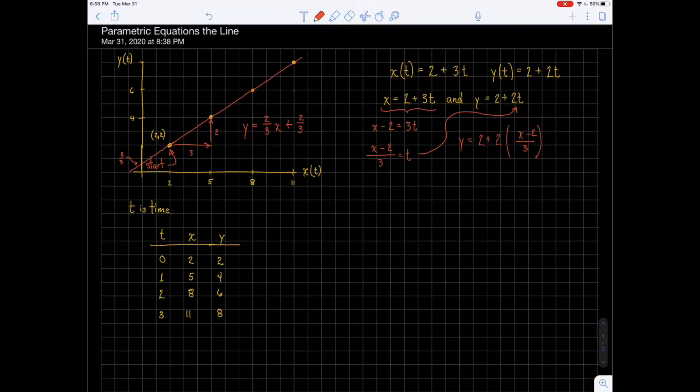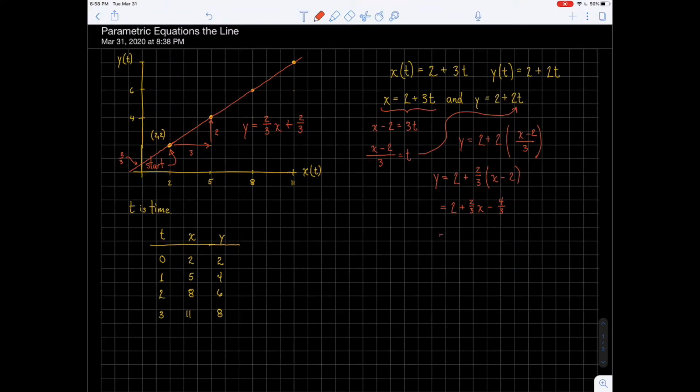And let's clean this up. So this is y equals 2 plus, I'm going to write this as 2/3 times x minus 2. Distribute to get 2 plus 2/3 x minus 4/3.